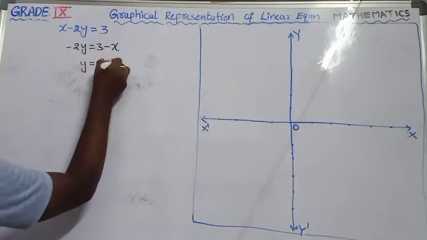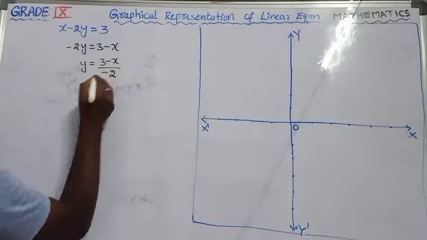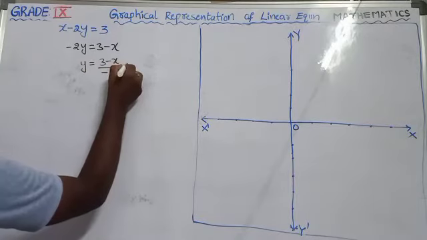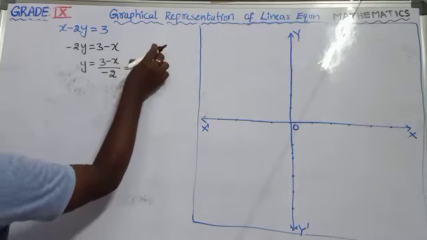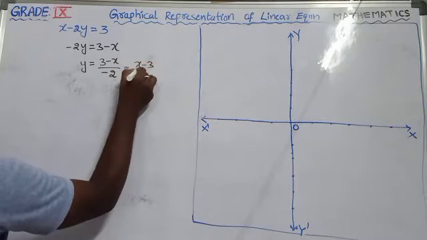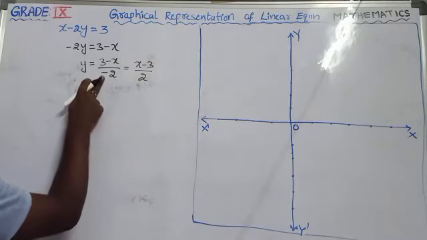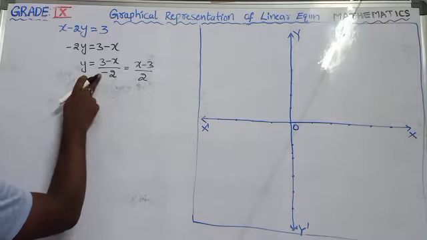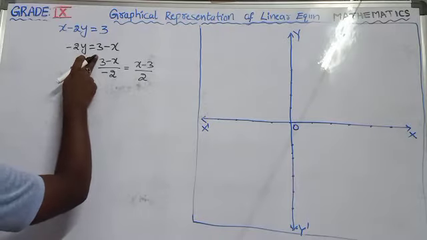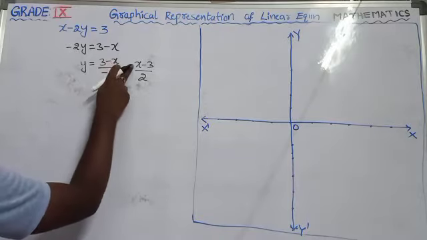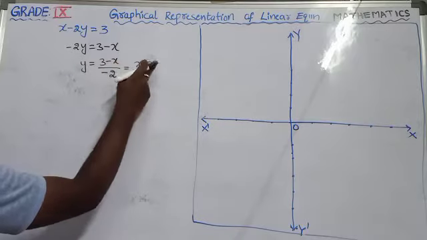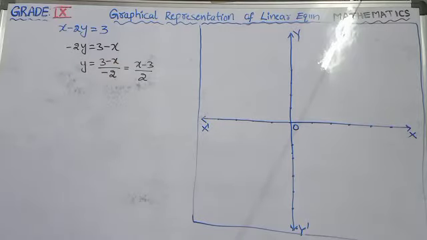That becomes (3 minus x) divided by minus 2. Otherwise you can write this as (x minus 3) by 2. Why? Because the minus of the denominator can be applied to the numerator. Minus x becomes plus x, plus 3 becomes minus 3, so we get (x minus 3) by 2 as the y value.